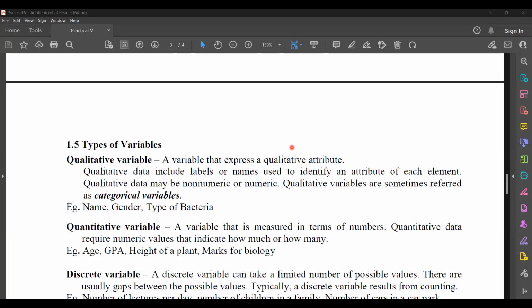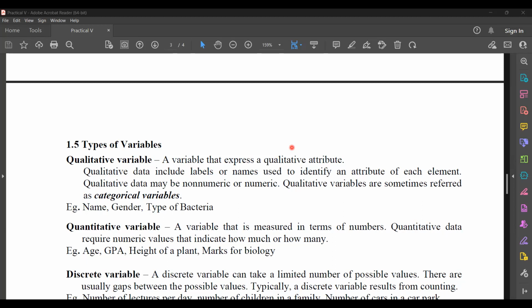That means we always measure a quality, right? For example, gender. In gender there is no numerical sense. There are two categories, male and female, and we can't say that male is greater than female, right?